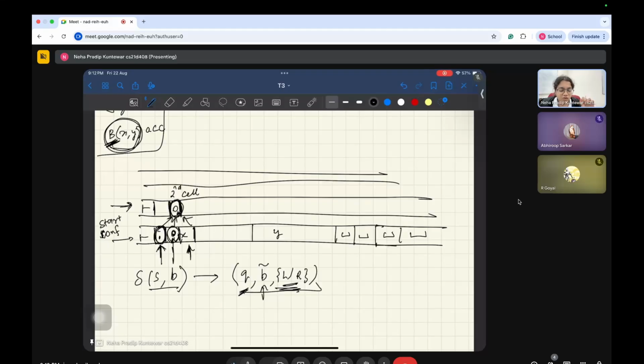If we're not changing the content, then it's going to be the same as what it was earlier, which is what this cell tells. So any information about this cell only depends on these 3 bits.